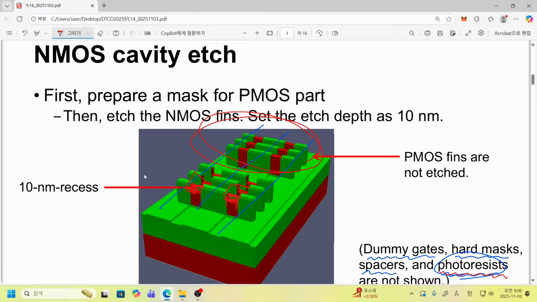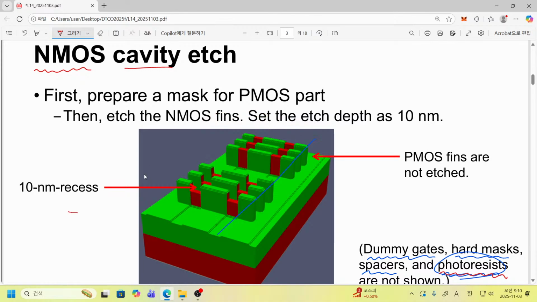So instead, people first perform this kind of cavity etching. In the case of NMOSFET, its benefit is not that clear, but in the next slide we will see PMOSFET cavity etching, and in that case it will be more clear. But anyway, even in this NMOSFET case, we perform this cavity etching.